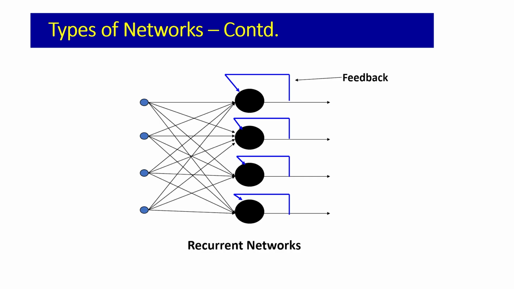Because many times whatever output you are getting may not be 100% correct. That is always the case, there will be errors. So, feedback can be taken and the error can be corrected. These are called recurrent networks. Please remember this word, we will talk a lot about recurrent networks in the future.